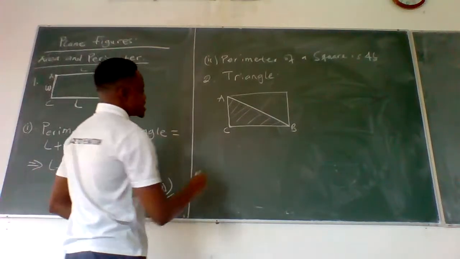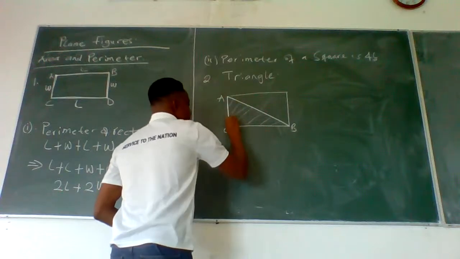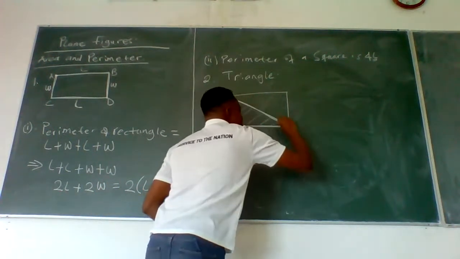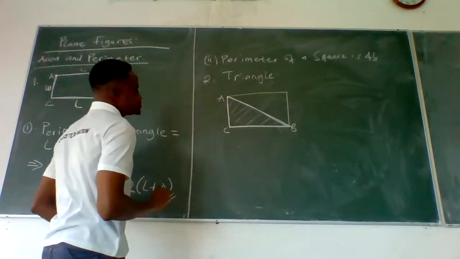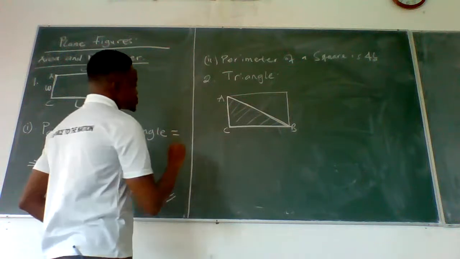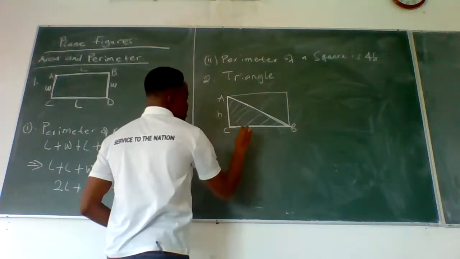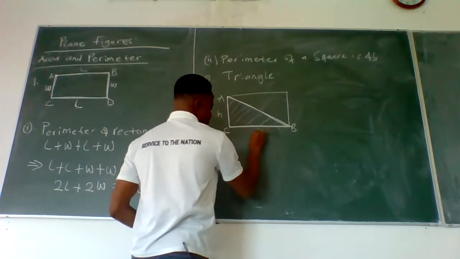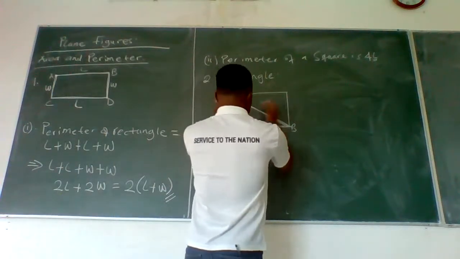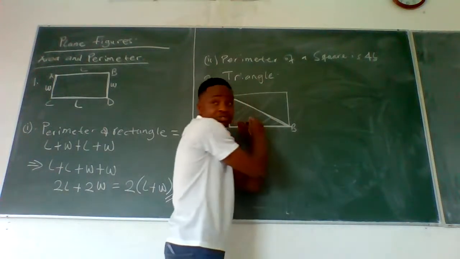What is a basic property or nomenclature of a triangle, as I stated? We have the height and then we have the base. This one will be the height, this one will be the base. Let's assume that this is the whole area, but we are just finding this small portion.